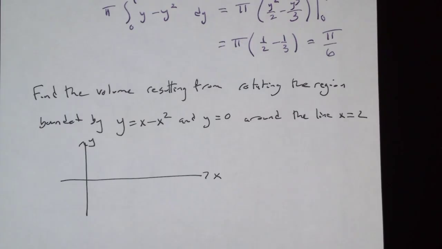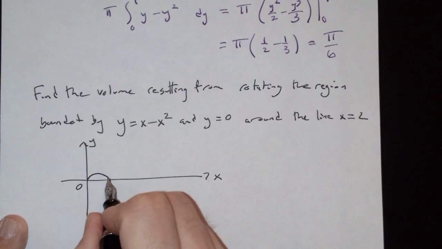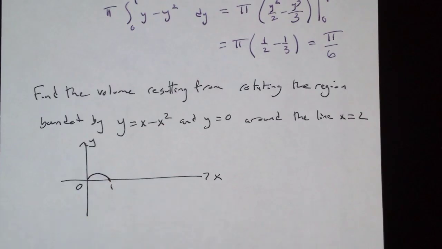A downward parabola. And that means it goes through the x-axis in two places. Where? Aha. So that's my region. That little bitty bump right there.